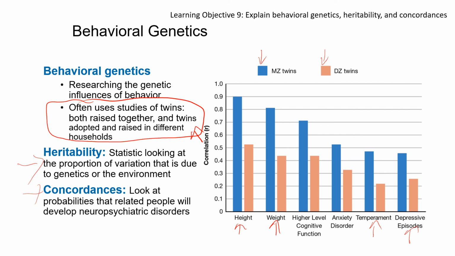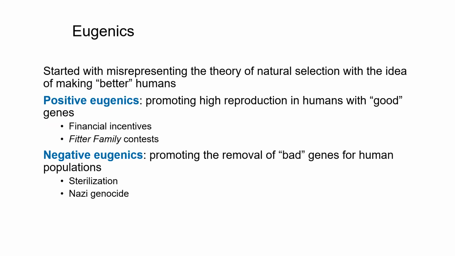So now that we understand that we can identify traits that do have genetic components, and we just got done talking about genetic engineering, let's look at eugenics. Eugenics is a harsh term. It's used more specifically as a term for controlled breeding.